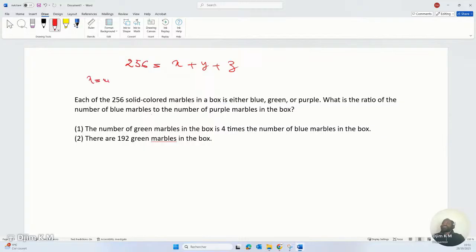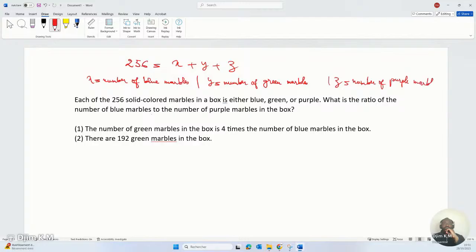X equals the number of blue marbles. Y is equal to the number of green marbles. Z is the number of purple marbles.